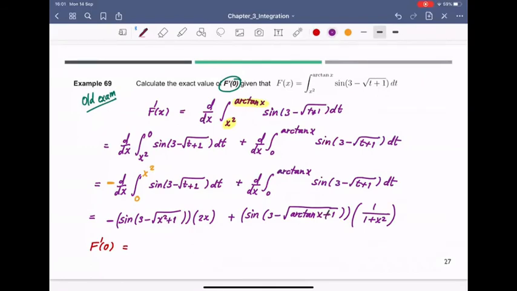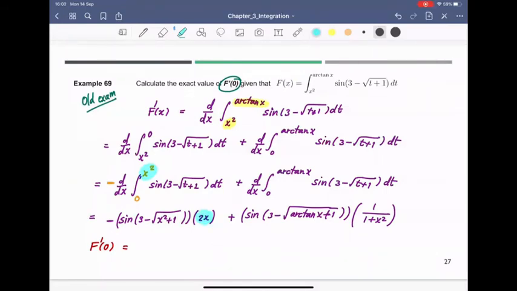Excuse me, a question. Go for it. So when we do the chain rule, is it for the integral, or is it just the x squared plus 1 inside, or is it just x squared only? Okay, when we do the chain rule, let me highlight this. You look at the first term here. When I do the chain rule for the first term, I have x squared here, so I do the chain rule for x squared and get 2x.